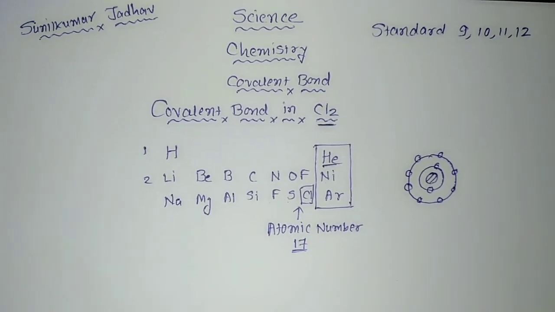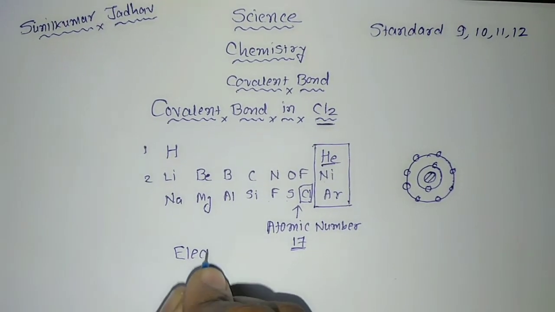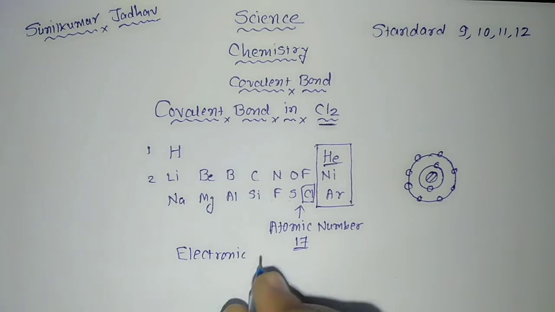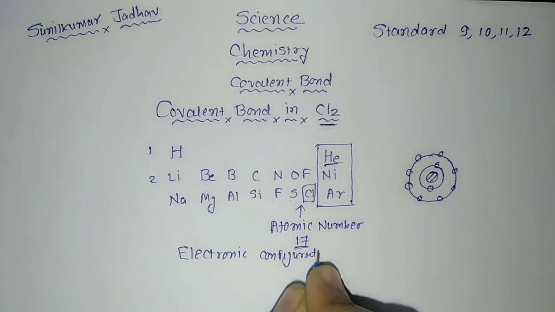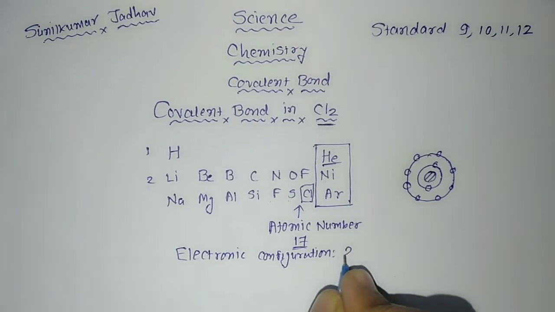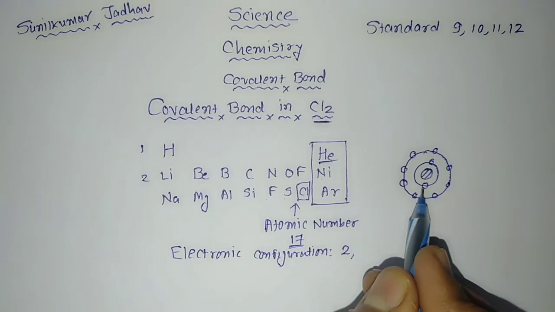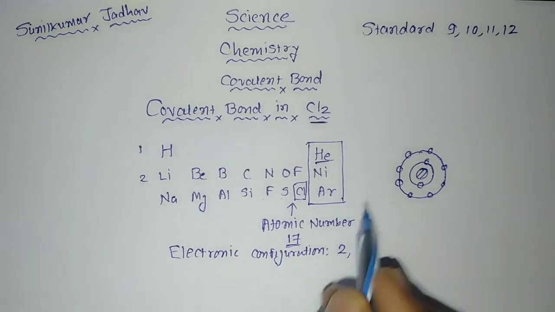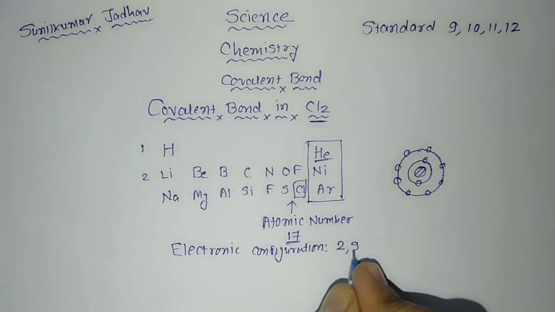So as per that, what would be the electronic configuration? I'll write it here: the electronic configuration of chlorine would be 2 in the first orbit, which is the maximum it can hold. In the second orbit, the maximum to complete the octet is 8.